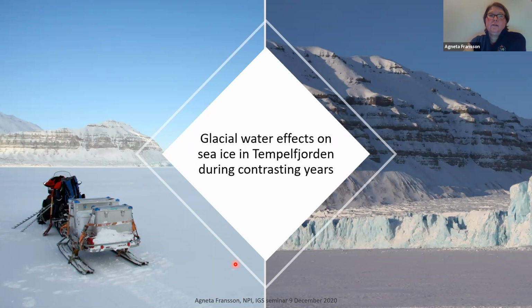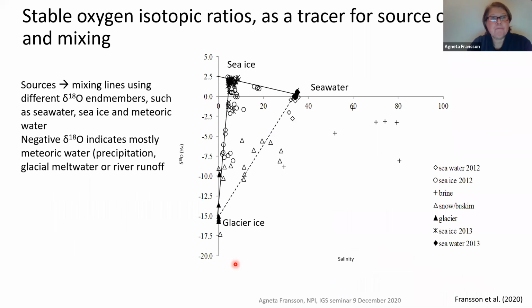So the glacier water effects on sea ice, I will show you soon how that looks. We use stable oxygen isotopes to trace sources of water and mixing.